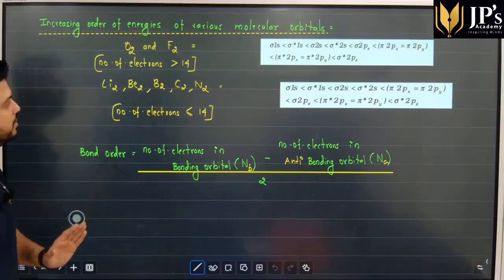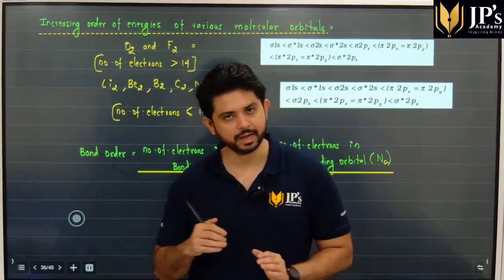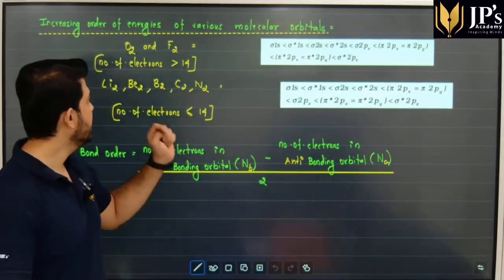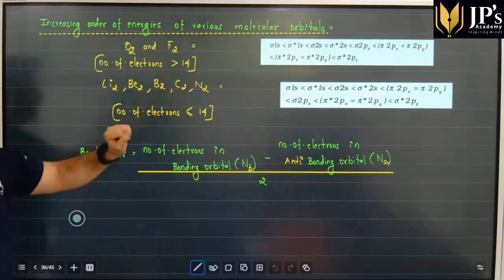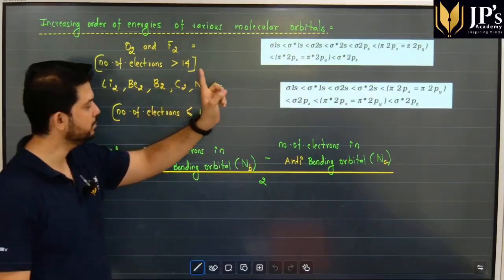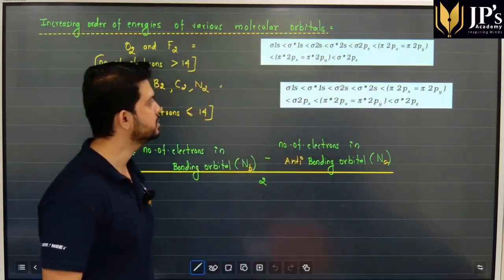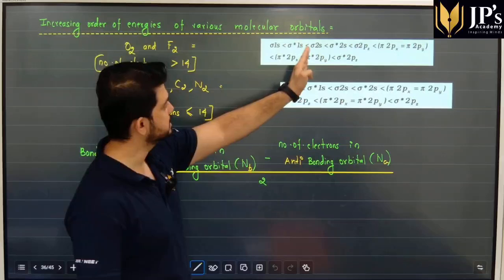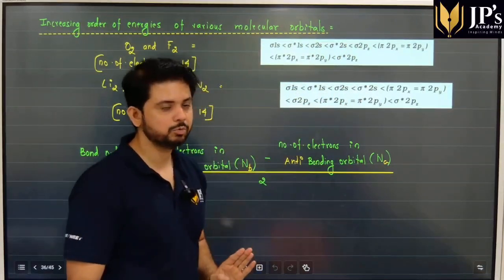Next, students, we have the increasing order of the energies of molecular orbitals. Here we have to be very careful because there are two orders that we need to remember. In the case of oxygen and fluorine, or where the number of electrons is greater than 14, the molecular orbital energy follows the trend mentioned here: sigma 1s, sigma star 1s, sigma 2s, sigma star 2s, and then comes sigma 2pz.